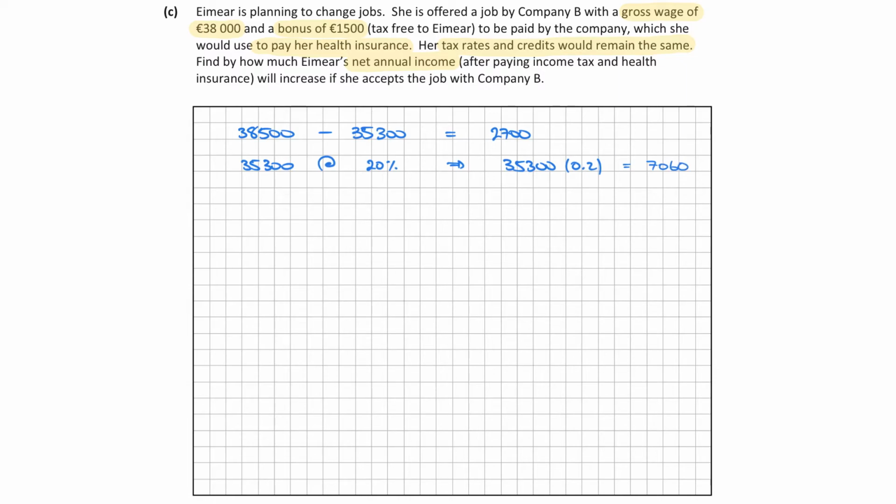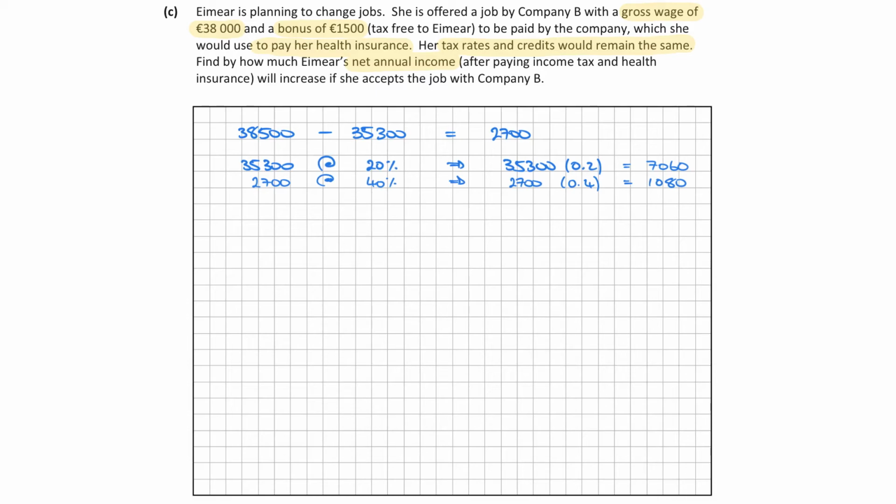Okay, we now know that the remainder of that is going to be taxed at 40%. So that means that the 2,700 needs to be at 40%. Okay, so again, that's 2,700 multiplied by 0.4. And that will give us 1,080.